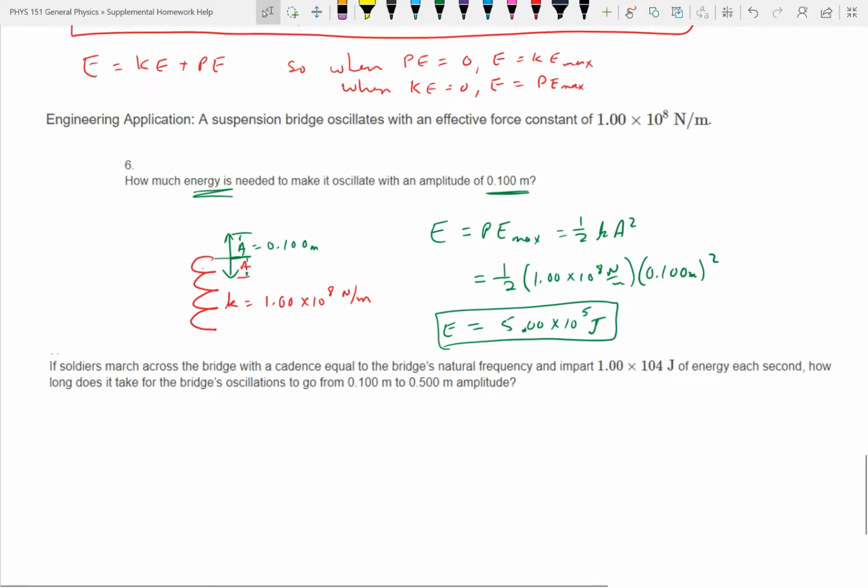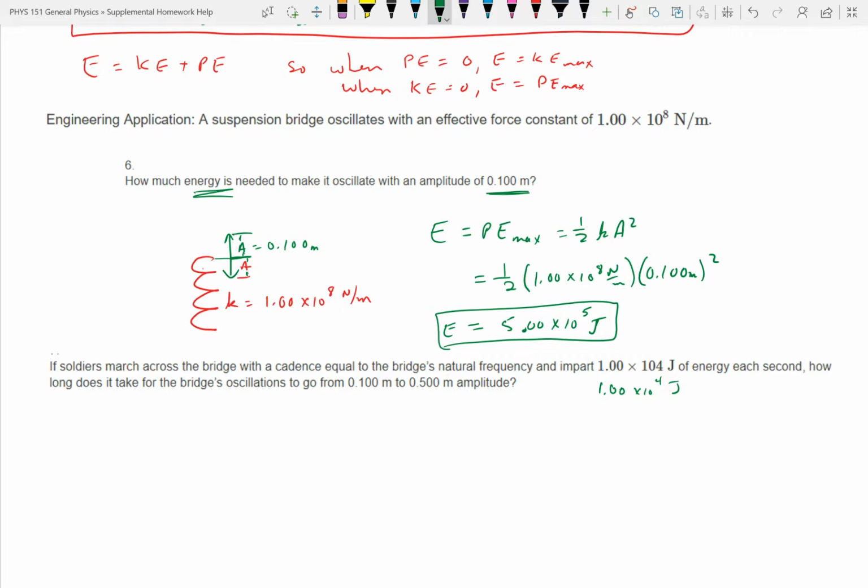As soldiers march across the bridge with a cadence equal to the bridge's natural frequency and impart 10 to the 4th joules of energy each second, how long does it take for the bridge's oscillation to go from 0.1 meter to 0.5 meters in amplitude? So obviously our picture still works.